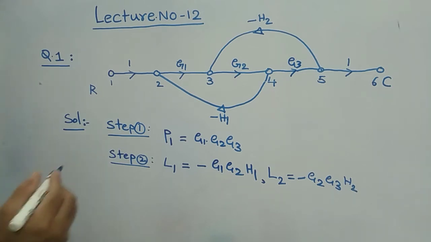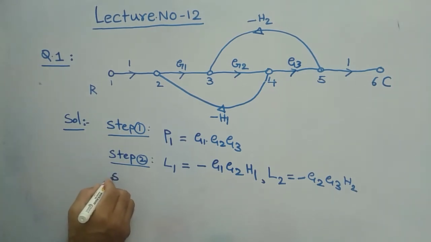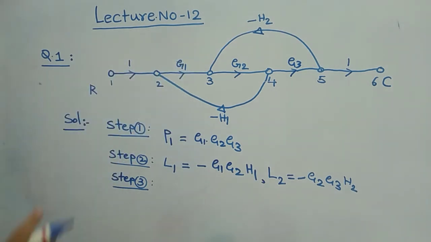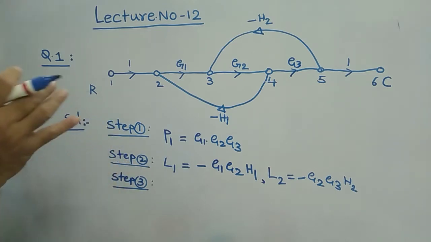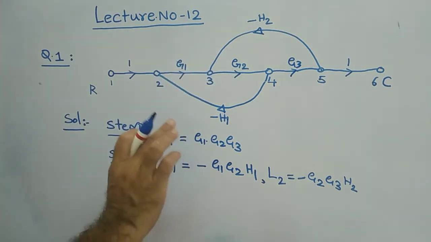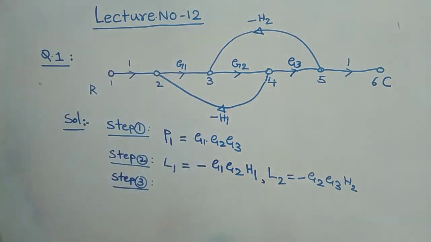Next, coming to your step number 3. What is step number 3? In step number 3, we have to identify whether there is any possible combination of 2 non-touching loops and then 3 non-touching loops.